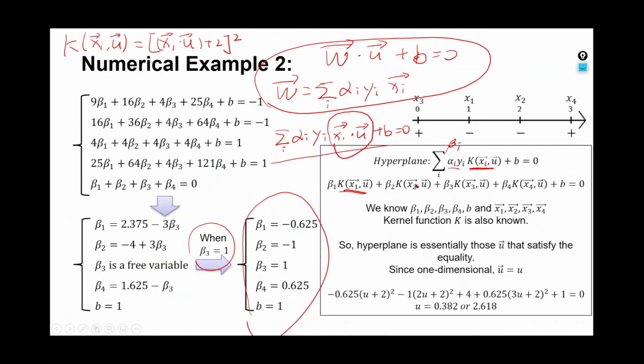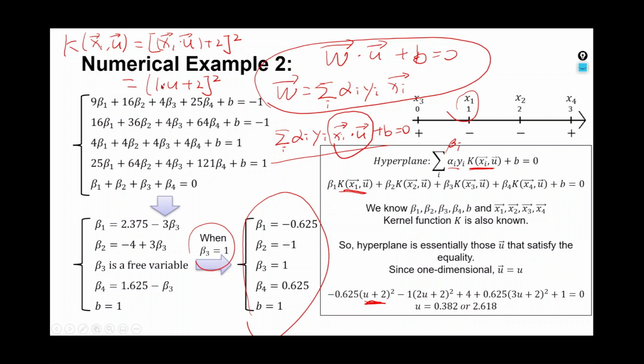Then plug in the numbers, and beta 2 is negative 1. Over here, why did we get this u plus 2? x1 is 1, so it's 1 dot u plus 2, squared. Since this is one-dimensional, we can ignore the arrows on top of the symbol.